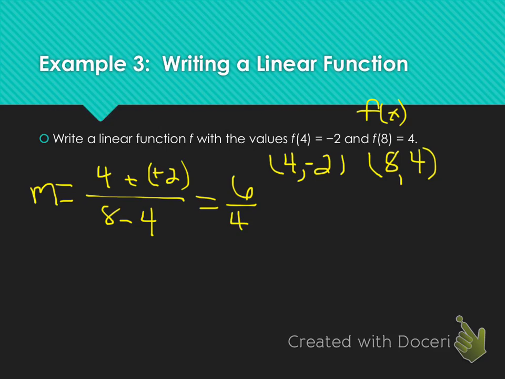Go ahead and simplify that, and you're going to get 3/2, or you could even write it as a decimal if you wanted, as 1.5, depending on how you're calculating things. And now we're going to use the slope of 1.5, and let's just use the point (8, 4).